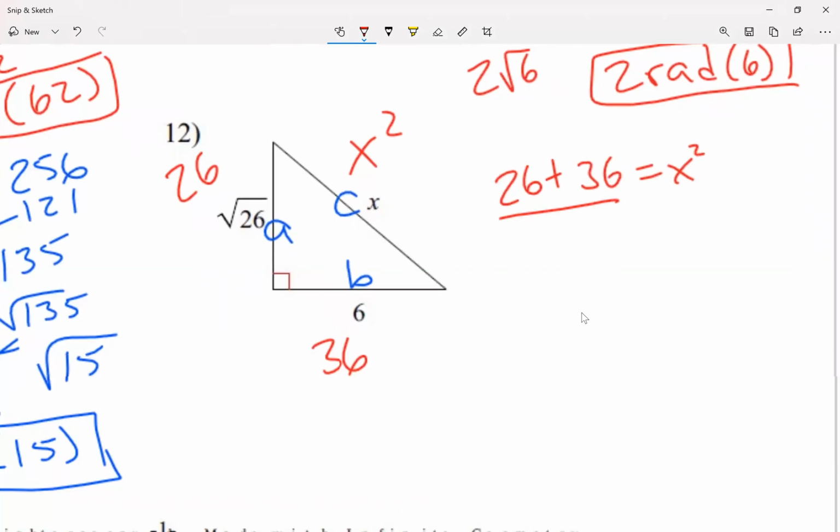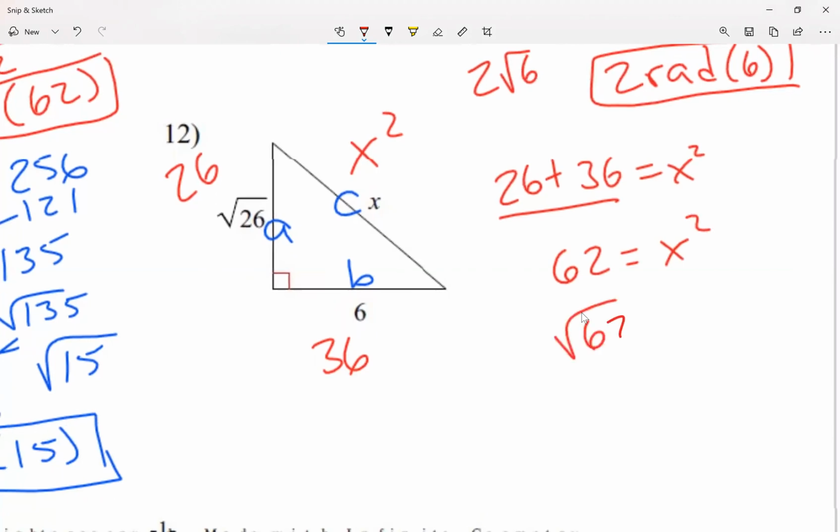Now, these numbers are together, right? 26 plus 36, that's 62. So I have that 62 is equal to x squared. So that means that the square root of 62 is equal to x. Can I simplify this? Can I break it into two radicals? Nope, I can't.